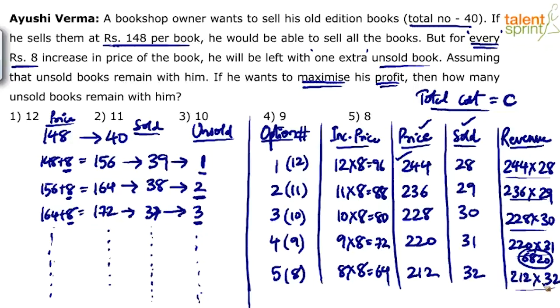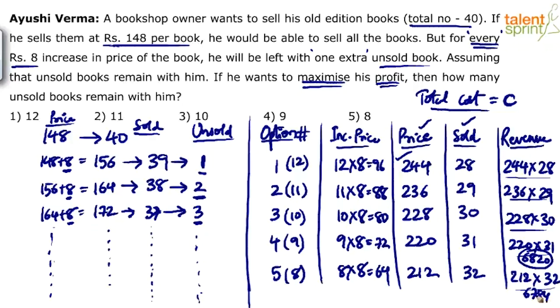So 212 into 30. 212 into 3 is 636. Right? So 212 into 30 will be 6360. Plus 212 into 2, 424. So 6360 plus 400, 6760 plus 24. 6784.